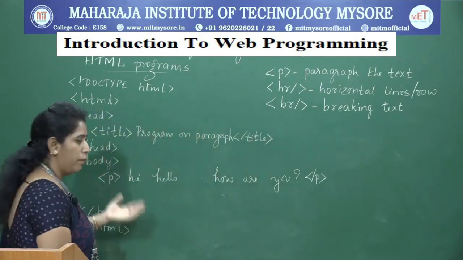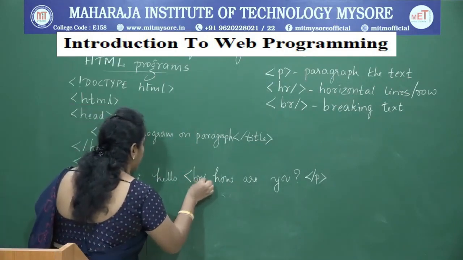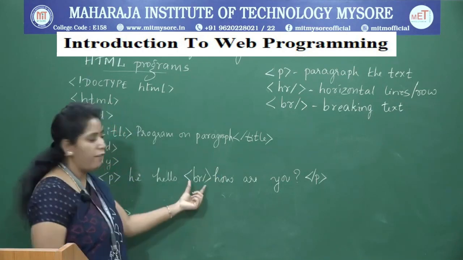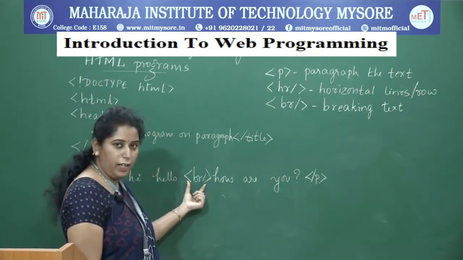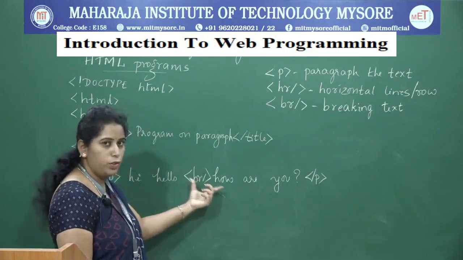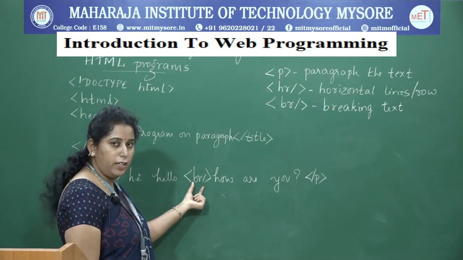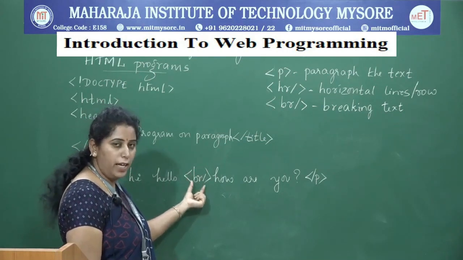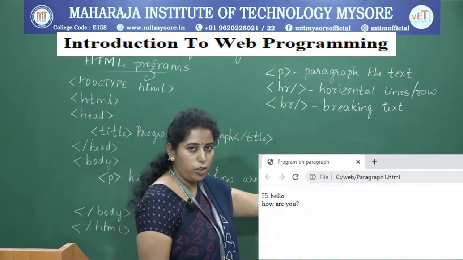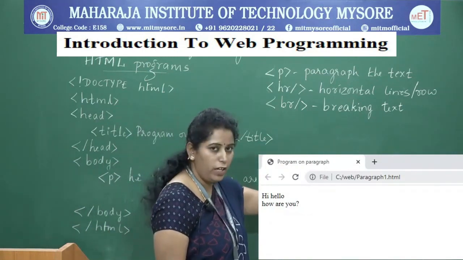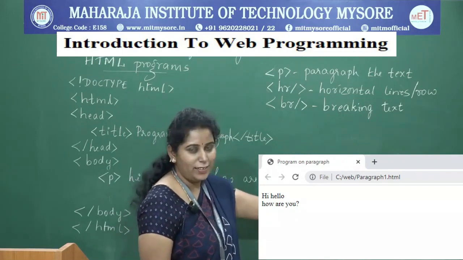For the same program I am going to modify. See, I have inserted the break tag now in between this statement. So now you can observe the output. Hi, hello is printed in one line and how are you is printed in the next line.